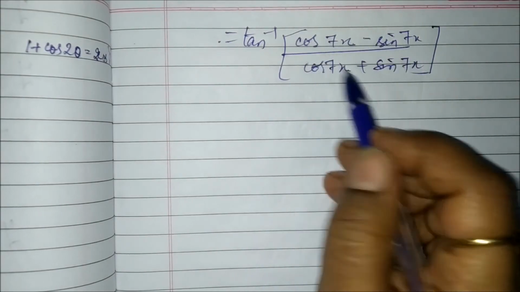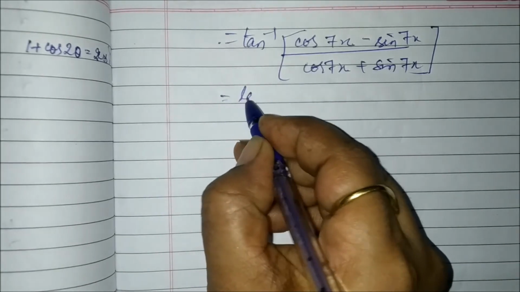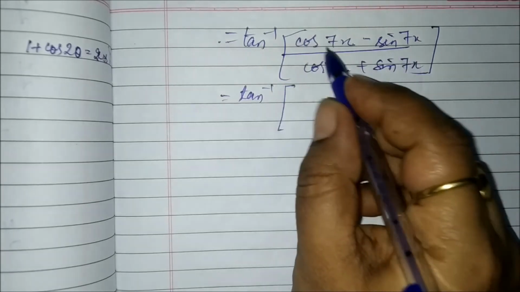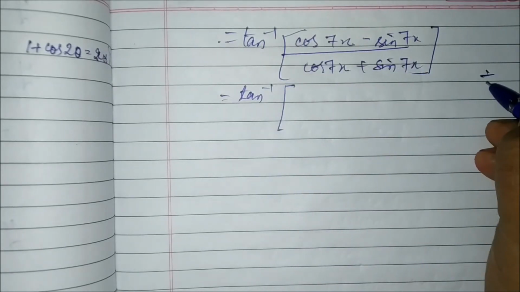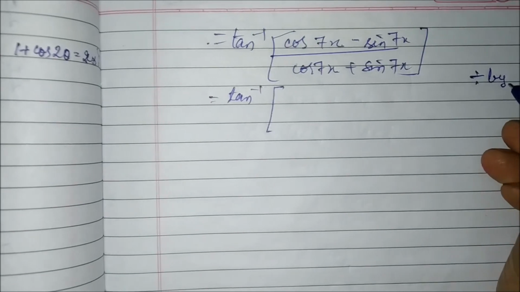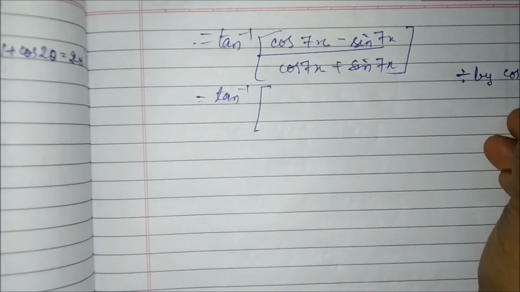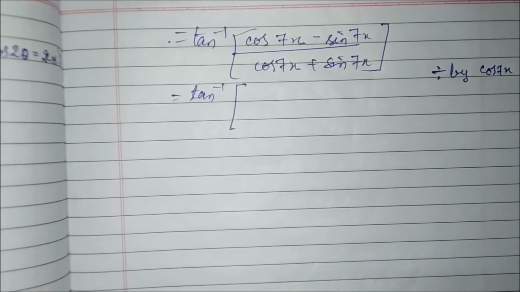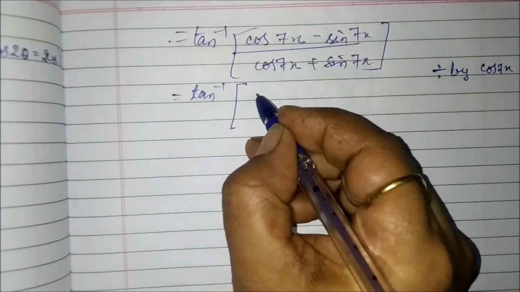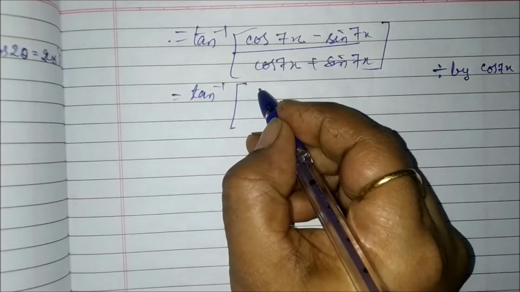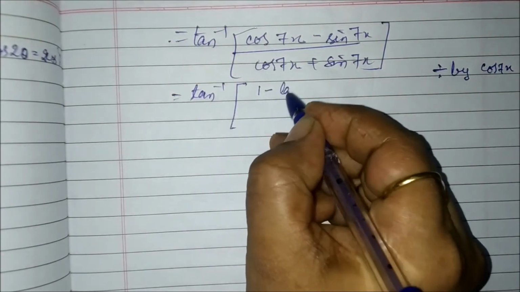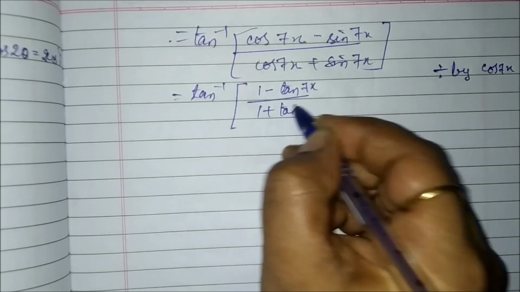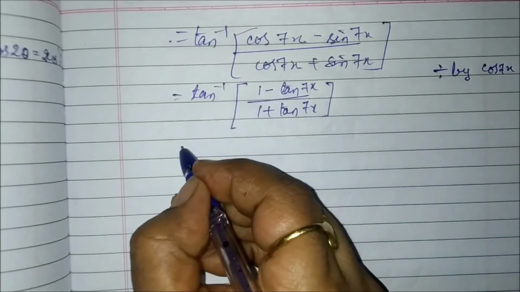Now we'll convert this term in terms of tan. So dividing by cos 7x by 2 in numerator and denominator, we get 1 minus tan 7x by 2 upon 1 plus tan 7x by 2.